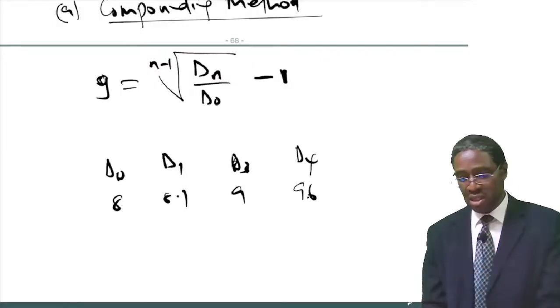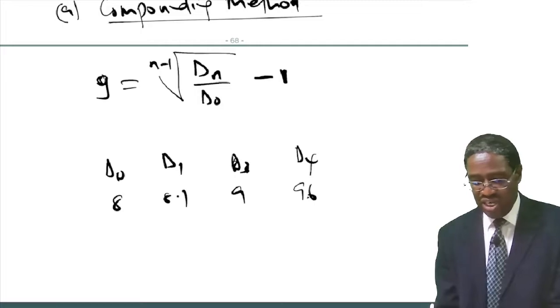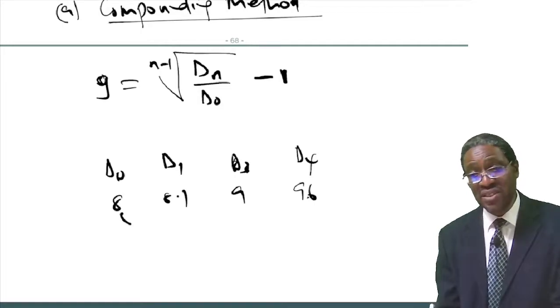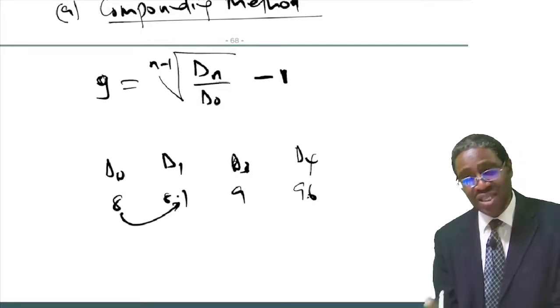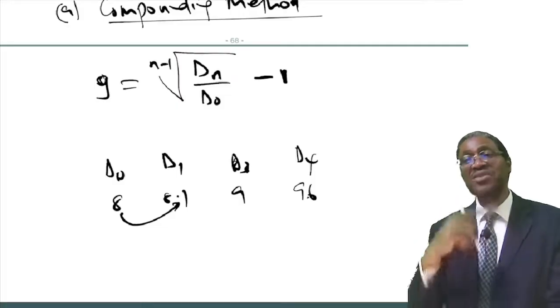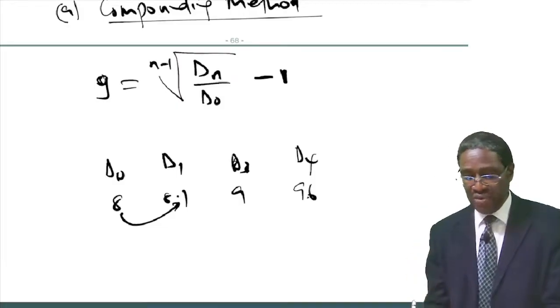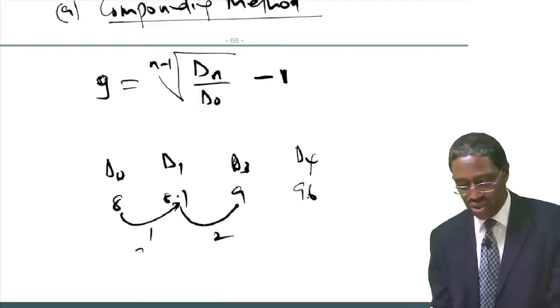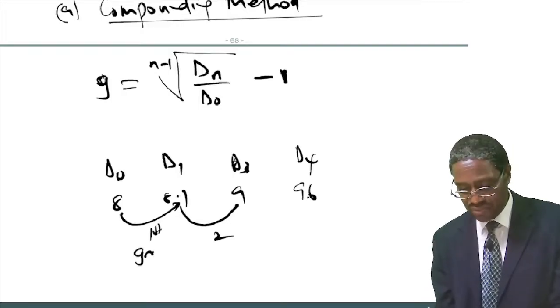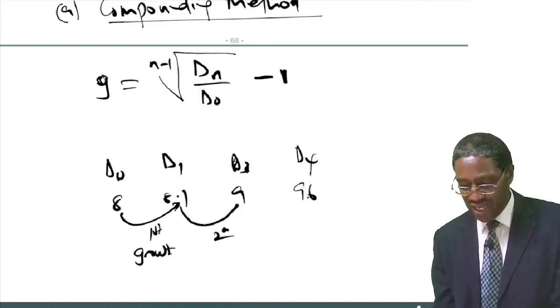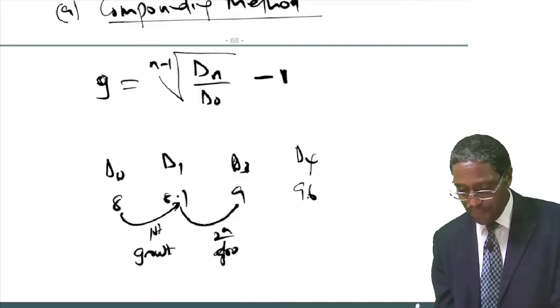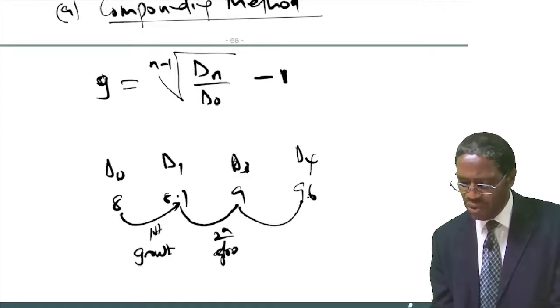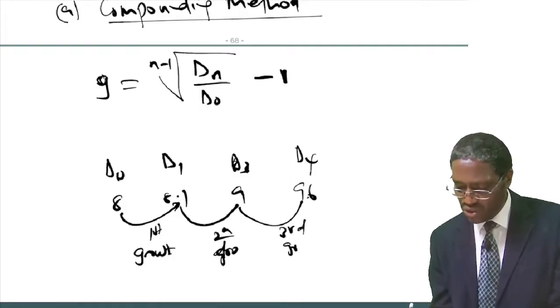The first year, the dividend grew from 8 to 8.1. That became the first growth. Then from year 2 to year 3, this became the second growth. Then from year 3 to year 4, that was the third growth.